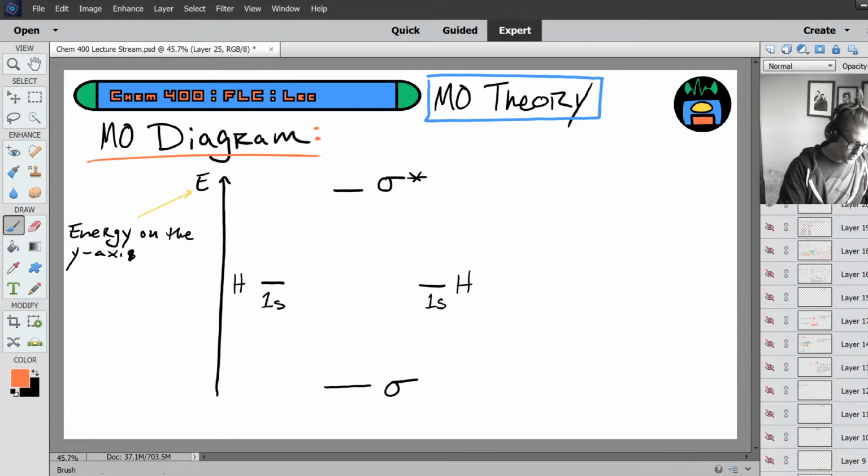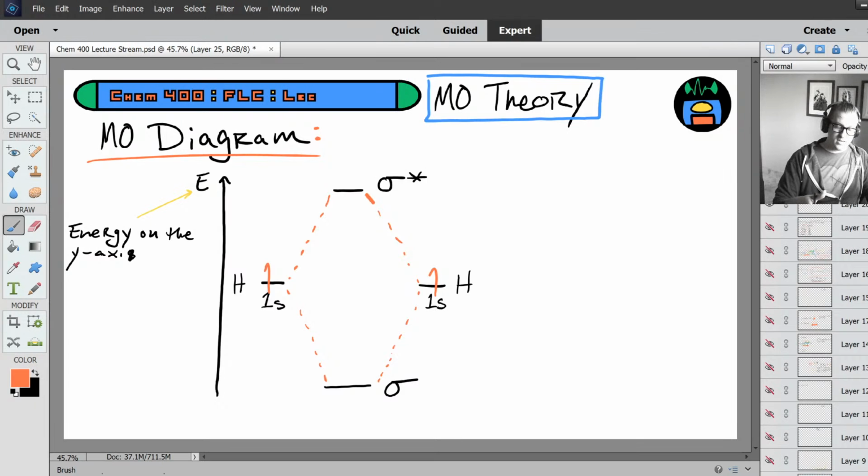You've got to show the dots connecting each molecular orbital, which is sigma and sigma star, to the atomic orbitals that you mix to create them. All right, and then you write in the electrons held in each atomic orbital. The 1s orbital for hydrogen has 1 electron. So we put 1 electron in each.